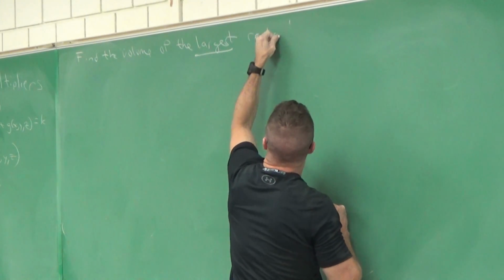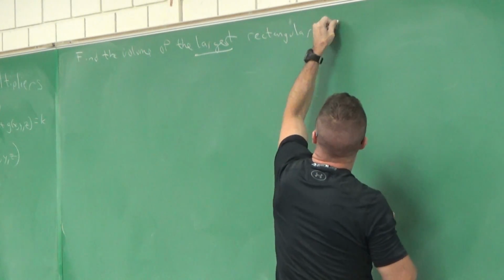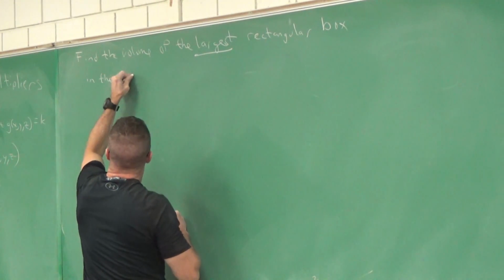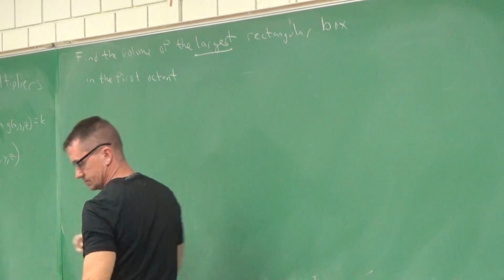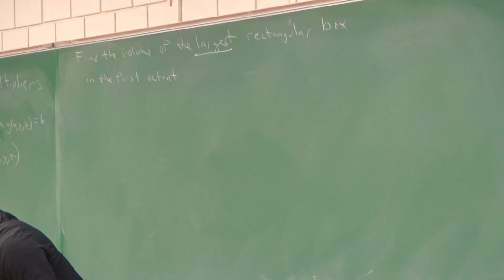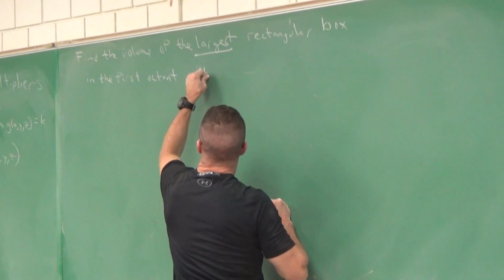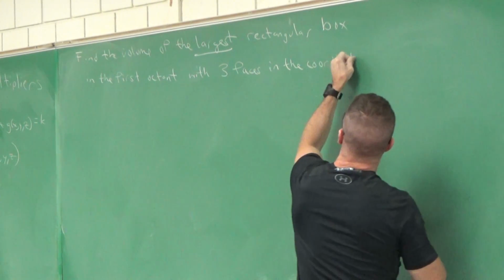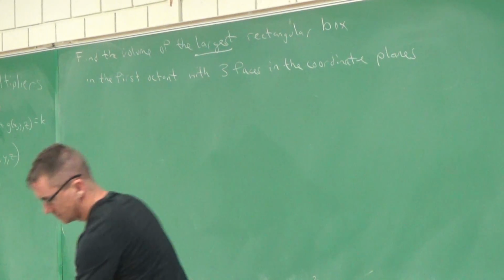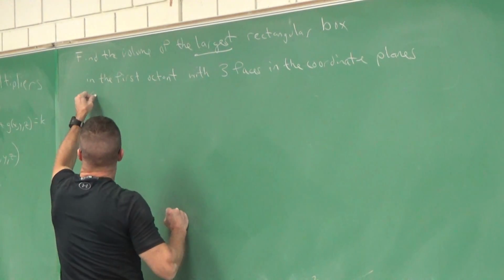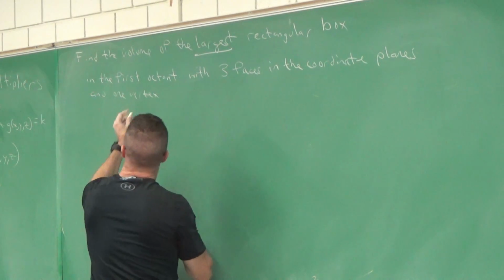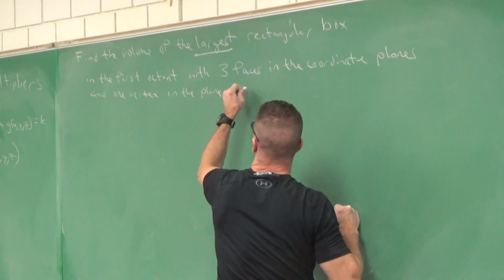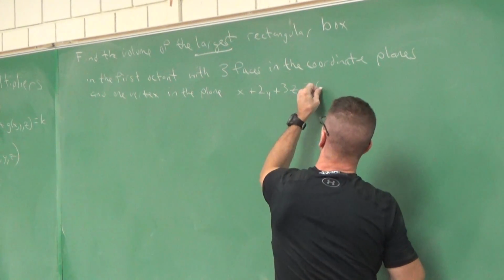Largest rectangular box in the first octant with 3 faces in the coordinate planes, and 1 vertex in the plane x plus 2y plus 3z equals 6. All right.